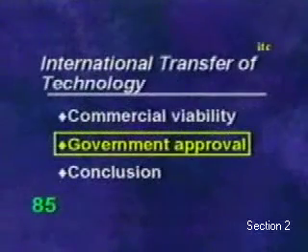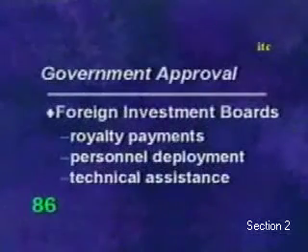Now, let us turn to the process of government approval. As mentioned earlier, the regulatory agencies play an important role in attracting new technology through mechanisms such as foreign investment boards.